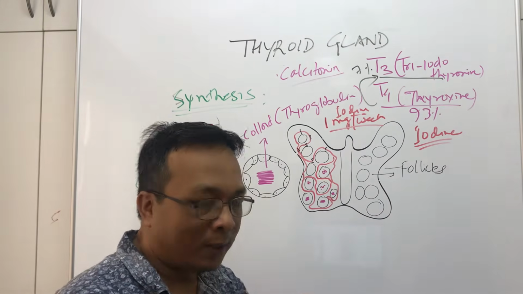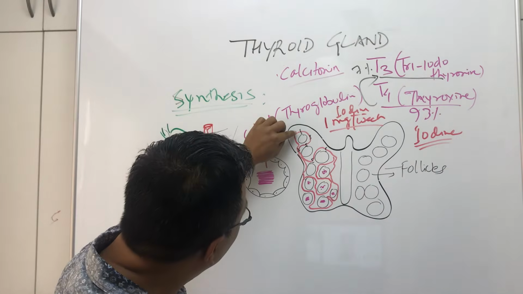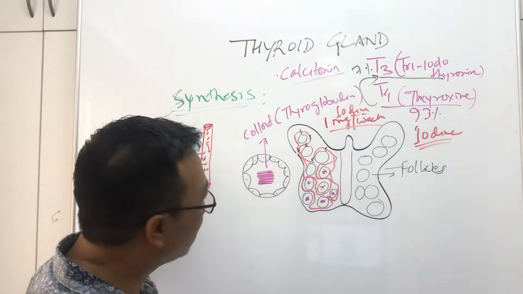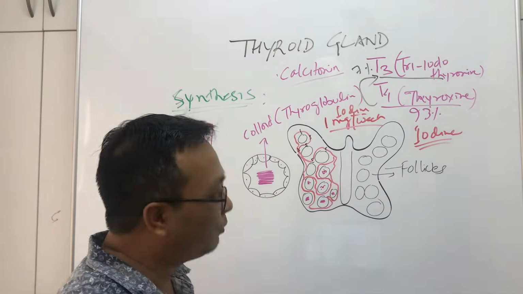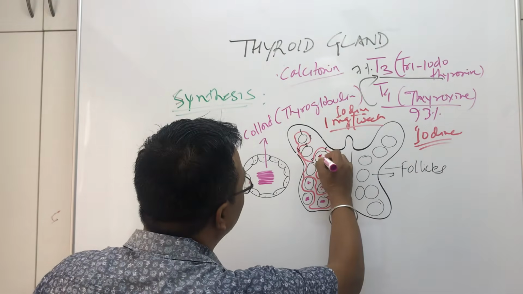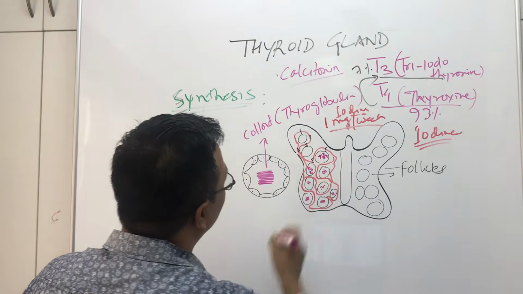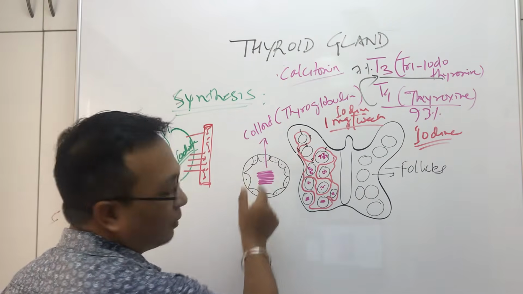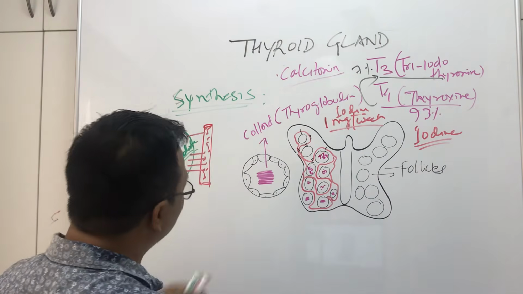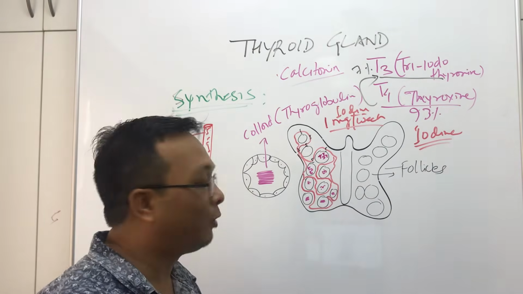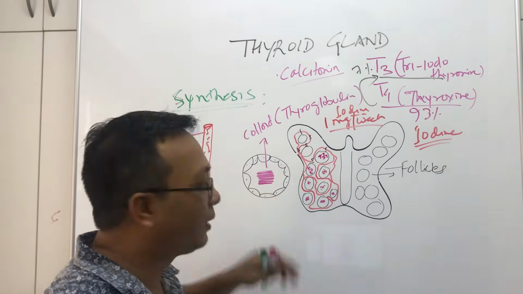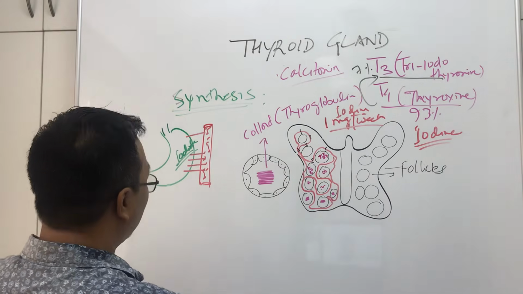Now, students, try to understand this. Iodine is in the blood from your food, right? But where are T3 and T4 made? They are made here in the center of the follicles. So we need iodine to reach here, because without iodine our gland cannot make T3 and T4.